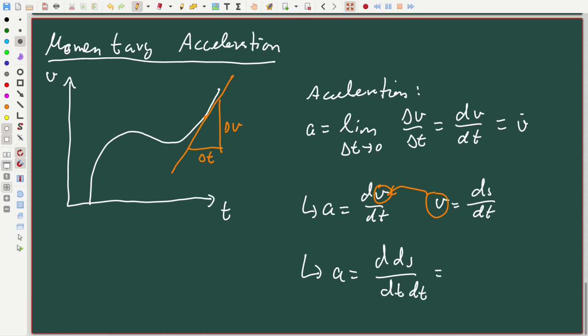We can summarize this as d square s over dt square. Mathematically, of course, this is not fully correct, but from the physics point of view, it works. And this is the most important thing. So what we have now is that the acceleration is equal to the second derivative of the position of an object with respect to the time.